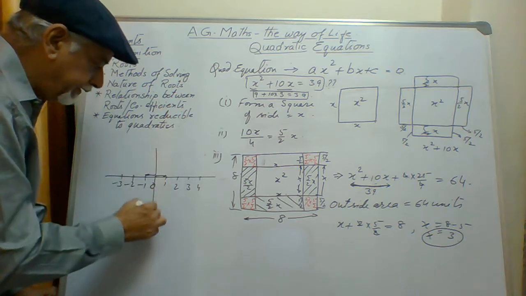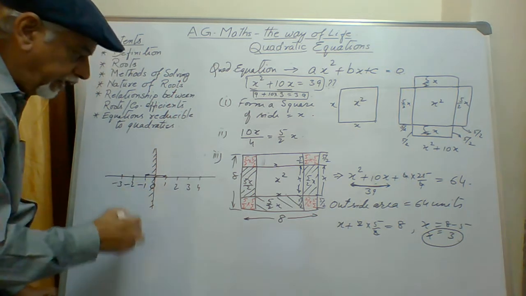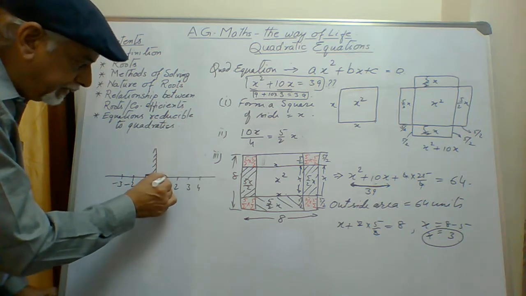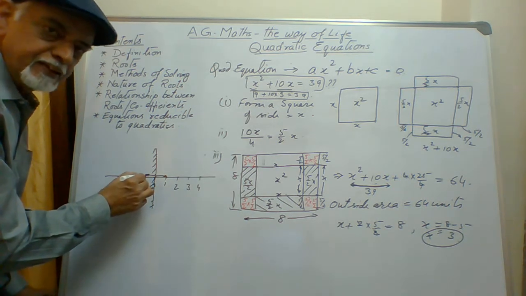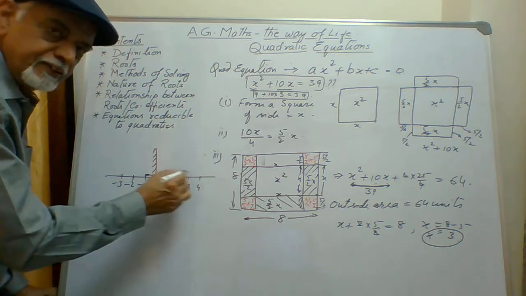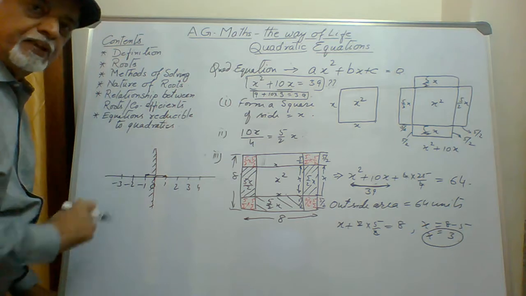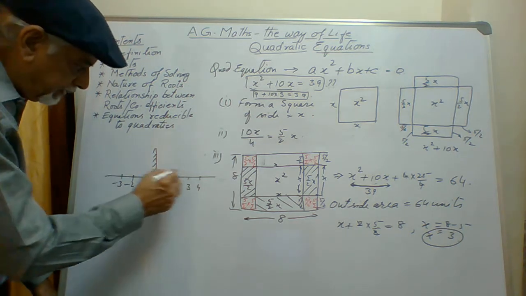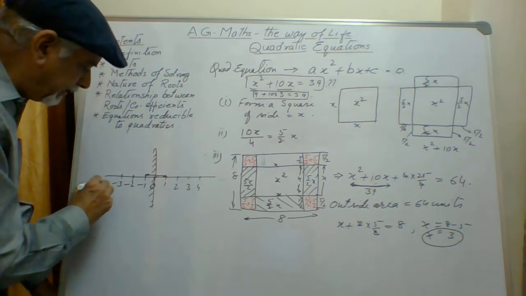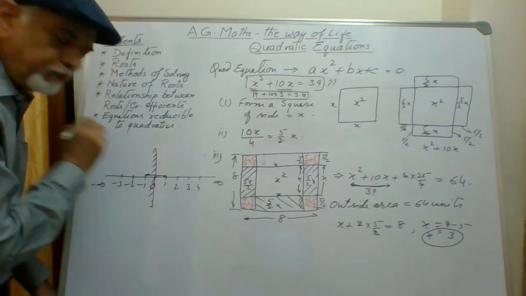And then they say treat this as a mirror, and you have the object here, so you get the image exactly at the same distance behind the mirror. So every action has an equal and opposite reaction, or the object distance is equal to the image distance. Accordingly, they decided that you can have minus infinity to plus infinity separated by a line at the point 0.